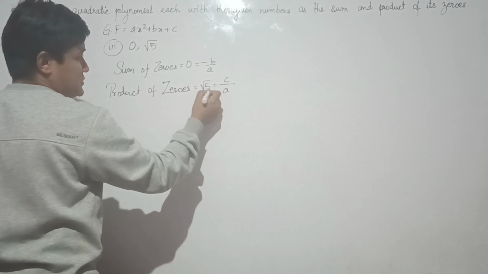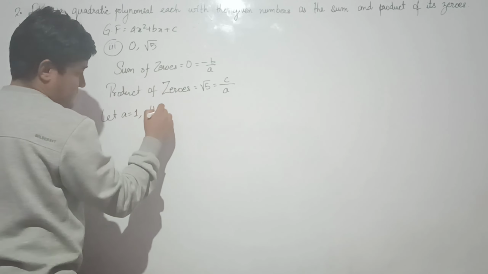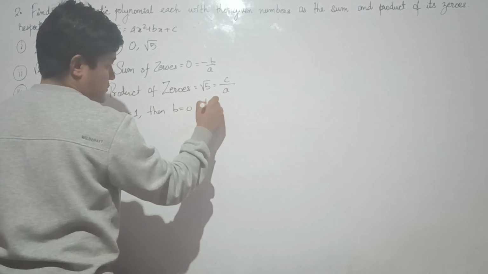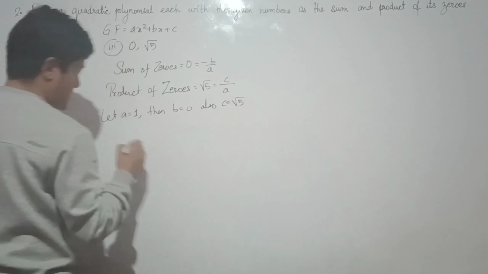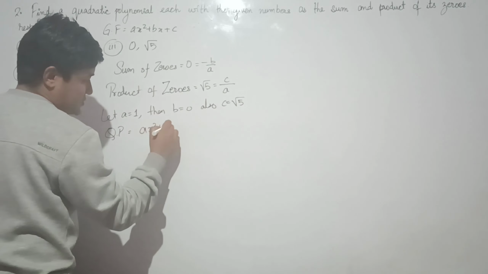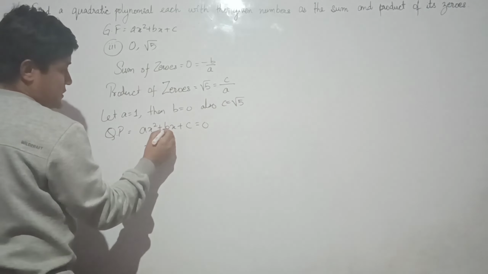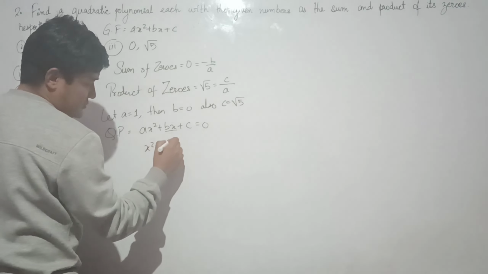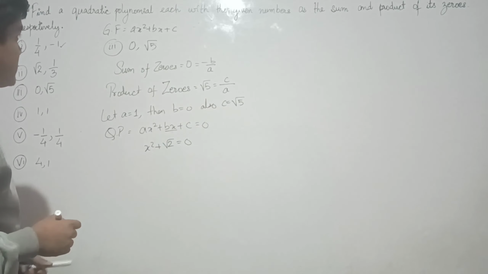Again, since there is no denominator, let a equals to 1, then b equals to 0. Also if a is 1, we get c equals to directly root over 5. Then quadratic polynomial equals to ax square plus bx plus c equals to 0. So in place of a, 1, x square. Since b is 0, we can omit this. 0x is 0 and the constant term is only root over 5 equals to 0. So this is the quadratic polynomial.